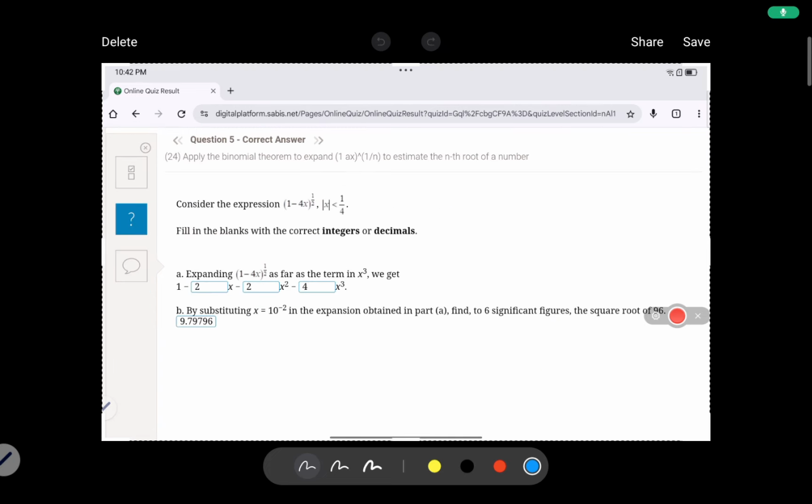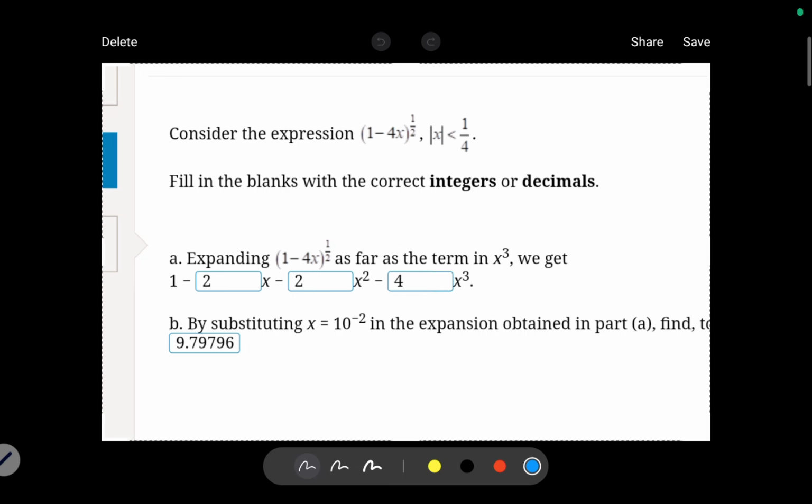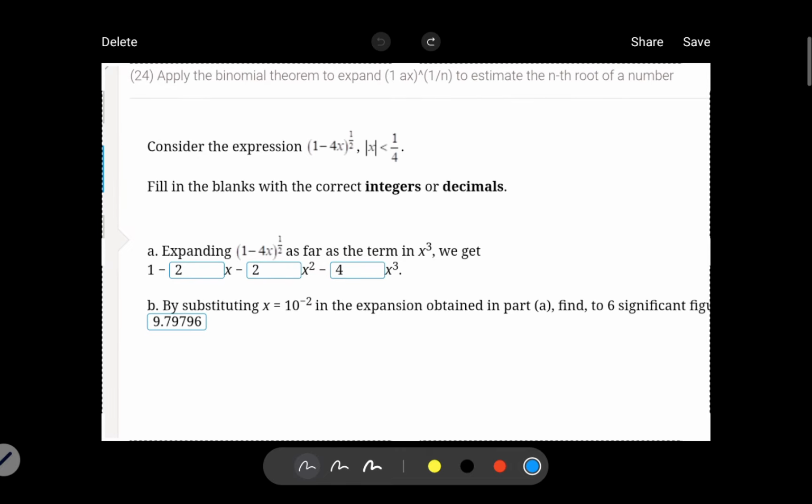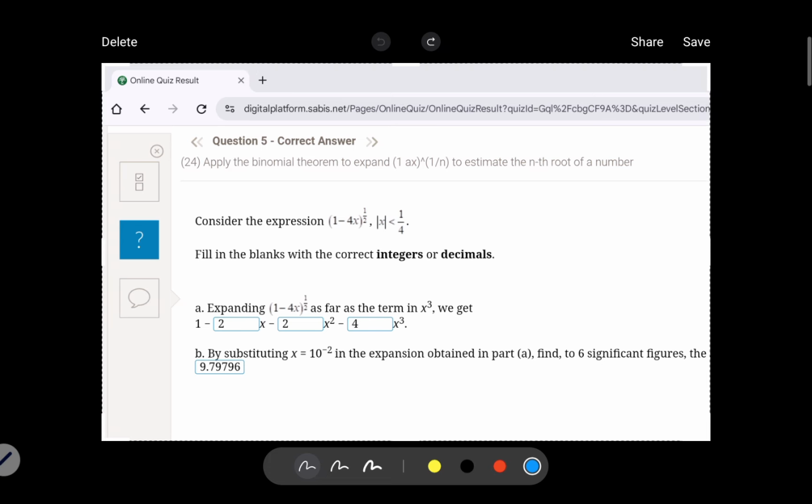Okay, now for this one, they wanted to find, consider the expression 1 whatever. Now we have to expand it. How do we expand it? We start 1 over 2 choose 0. Here, because it's 1, we just don't put it because it will be 1, so it cancels out anyways.